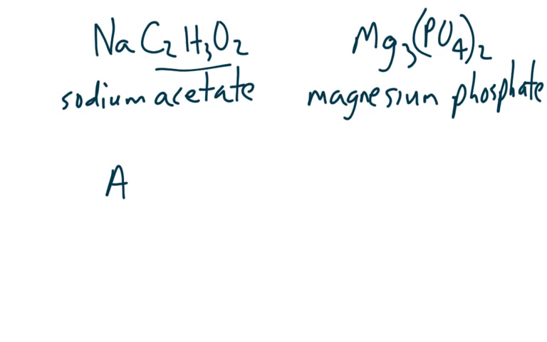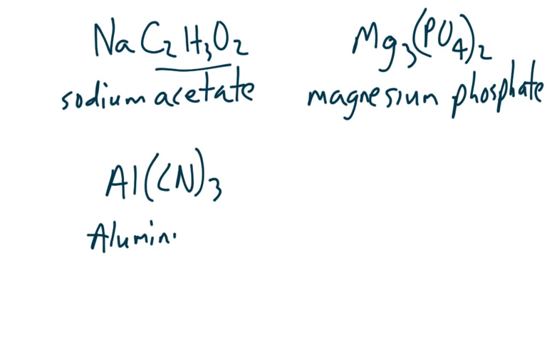Let's say we had aluminum here. Let's put here, we'll do something like this. This one is aluminum. And then that CN is cyanide. That one just happens to end in IDE. So here's a couple of examples when you're given a formula and you're asked to name it.